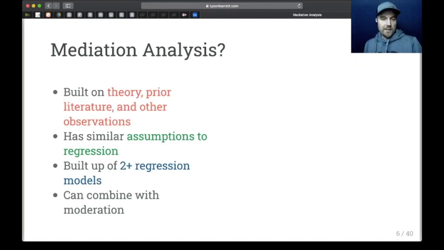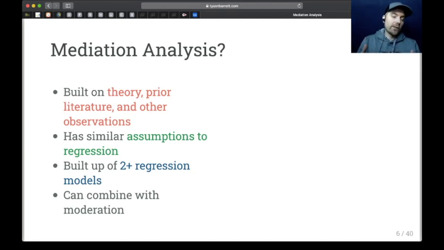So for mediation analysis, it's really important that it's built on theory. The assumptions become more demanding when it comes to the causal interpretation of the model. The assumptions statistically are very similar to regression. And that's because it's built up of 2 or more regression models. So it's really just regression under the hood.